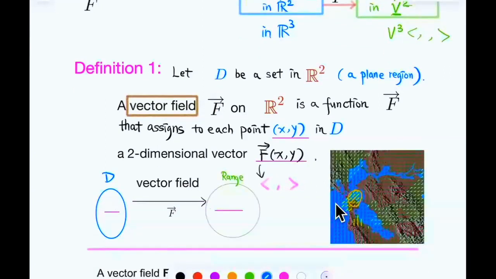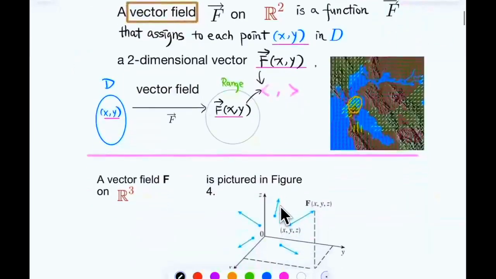It maps every point x comma y to a two-dimensional vector F of x comma y, which is like that.